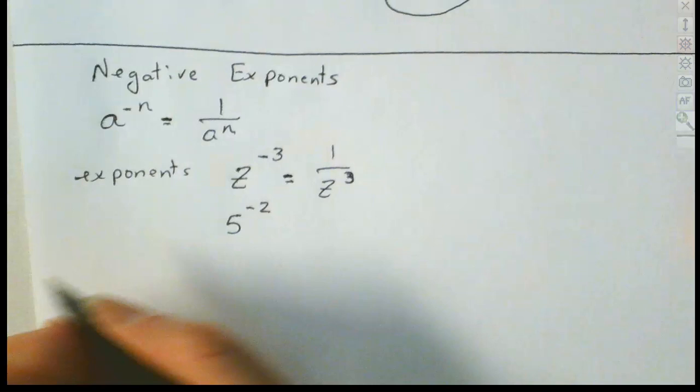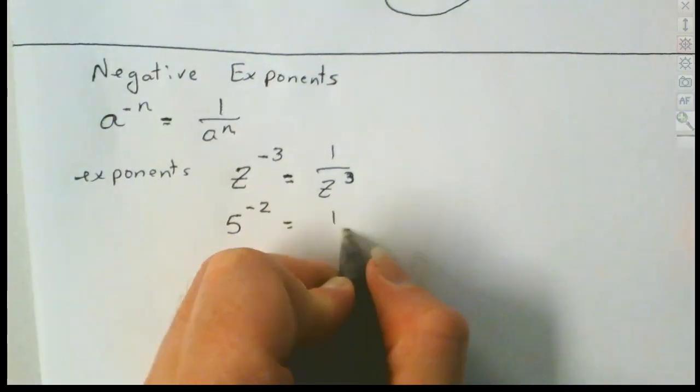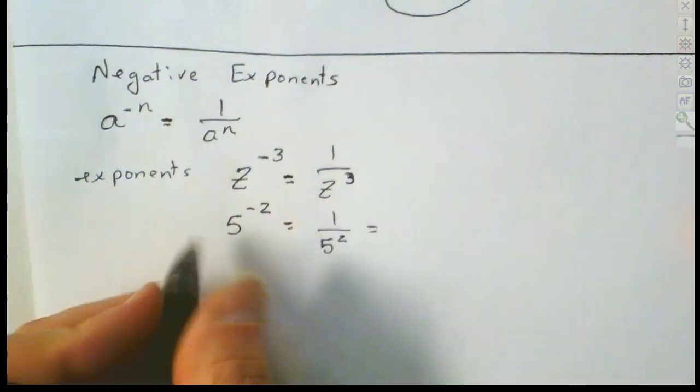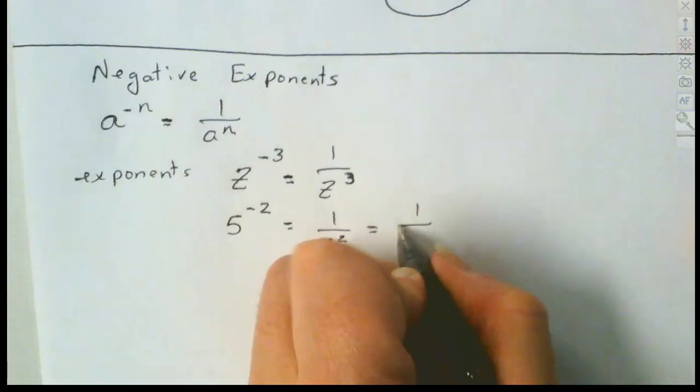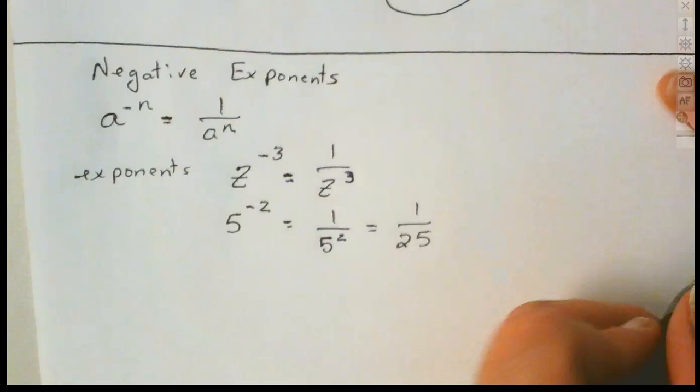Well, 5 to the negative second power would then be 1 over 5 squared. And what's 5 squared? 25. So my final answer there would be 1 over 25. So negative exponents, all you do is rewrite them as a fraction. So anytime you have a negative exponent as your final answer, you flip it over and you rewrite it as a fraction.